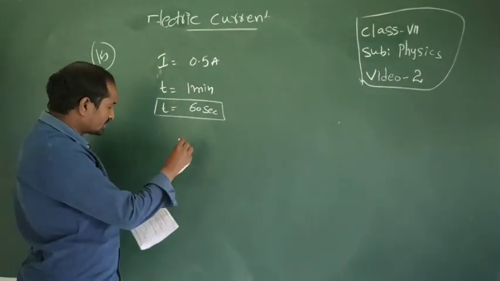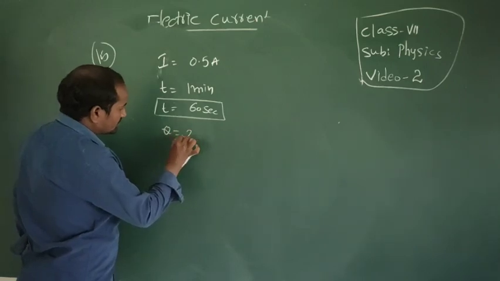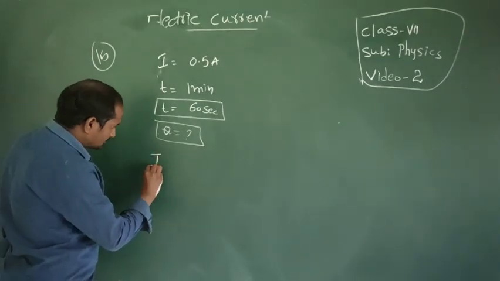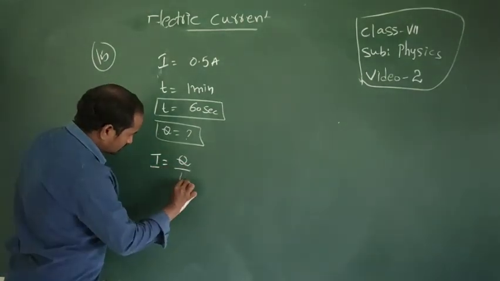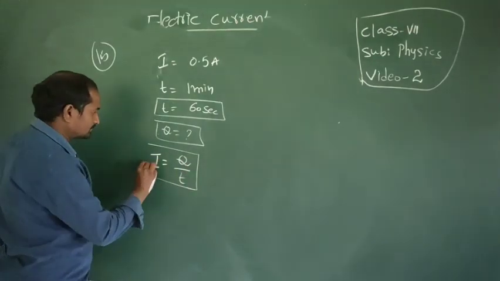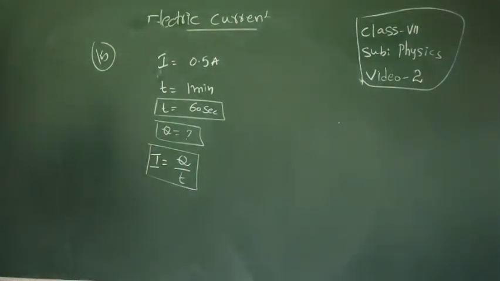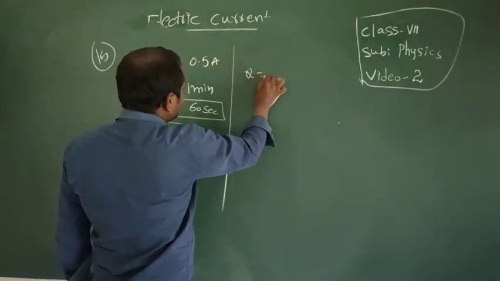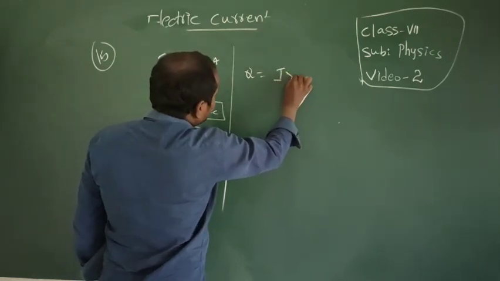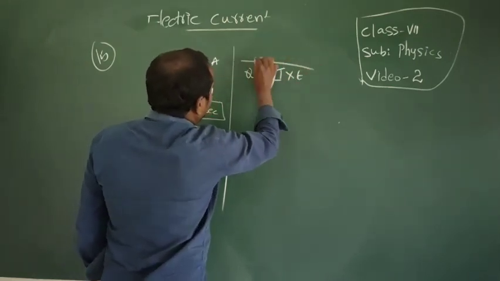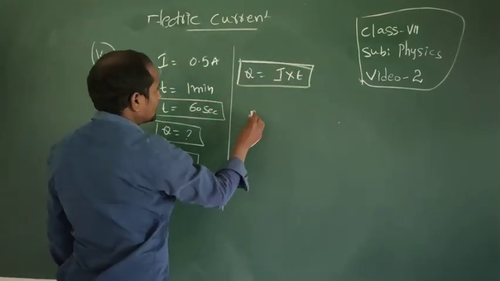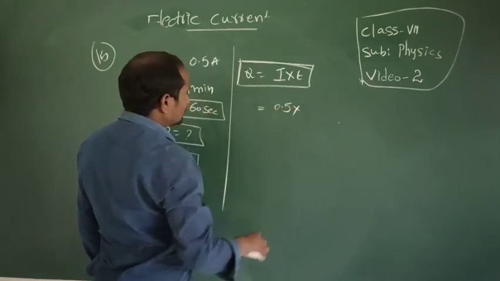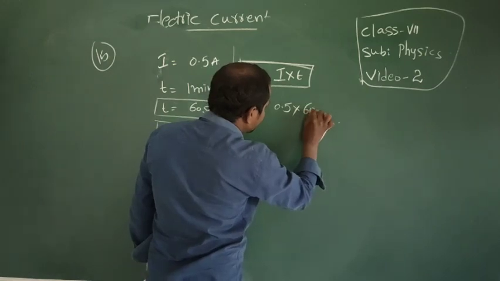Then find the charge Q. Here I equal to Q by T. Therefore Q equal to I into T. I equal to 0.5, into T equal to 60 seconds.